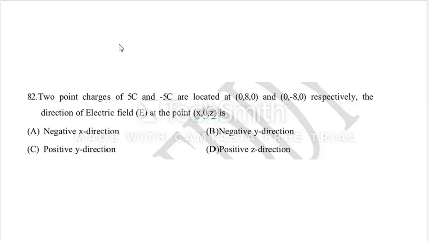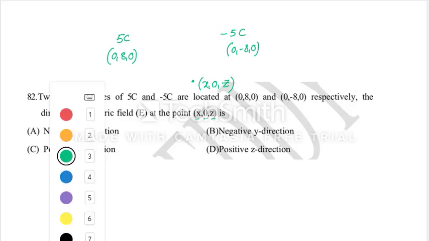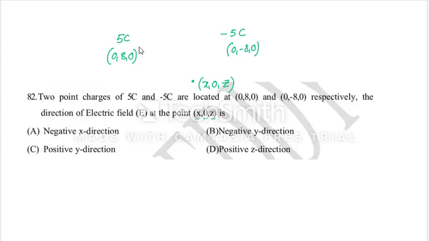So what we can do here, I have 5 coulombs of charge located at 0, 8, 0. One more is minus 5 coulombs of charge at 0, minus 8, 0. Then due to this, I want to find the electric field at the point given as x, 0, z.